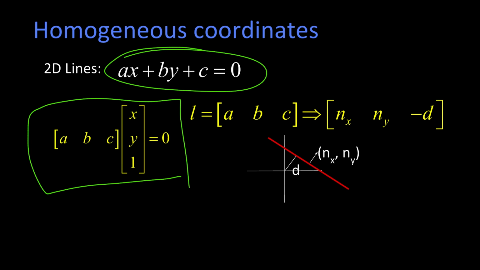It's (a, b, c) transpose multiplied by (x, y, 1). And when you think of the line that way, a, b, and c can be thought of as the components of the unit vector in the direction of the normal between the origin and the line, and then every point on that line, when you dot it with that normal, has to be a distance d away, so that would be minus d.